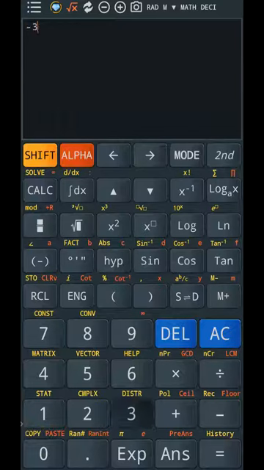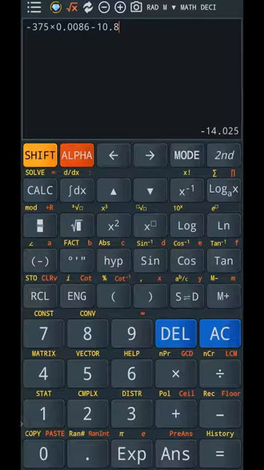Minus 375 into 0.0086 minus 10.8. So you'll get this as minus 14.02 kilonewton. Is that okay?